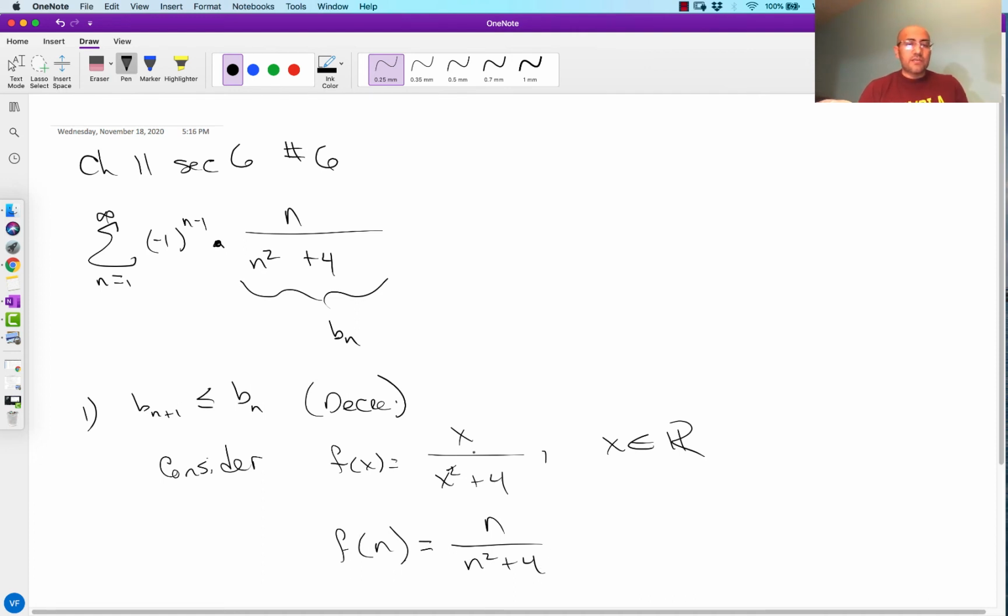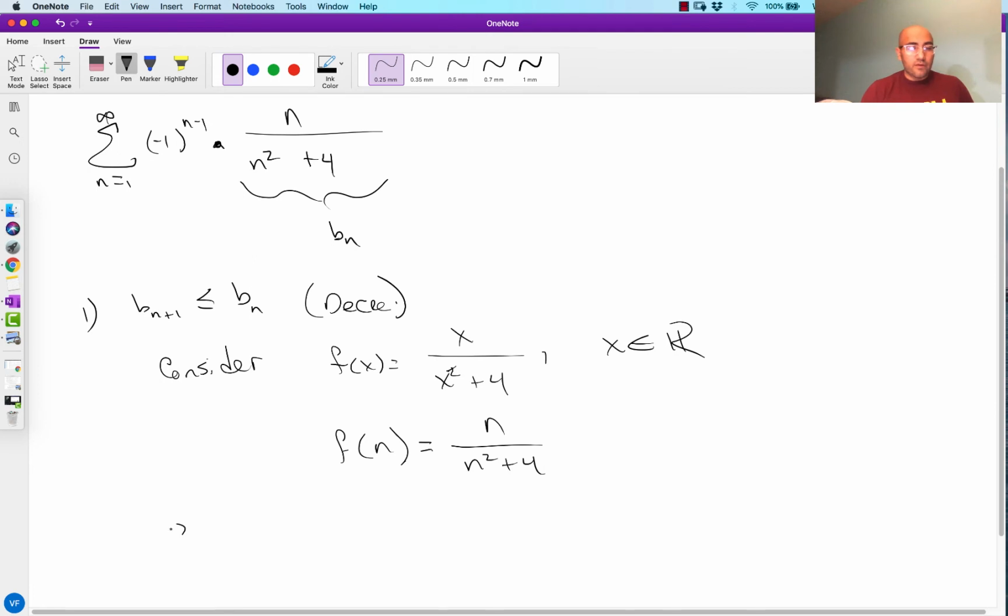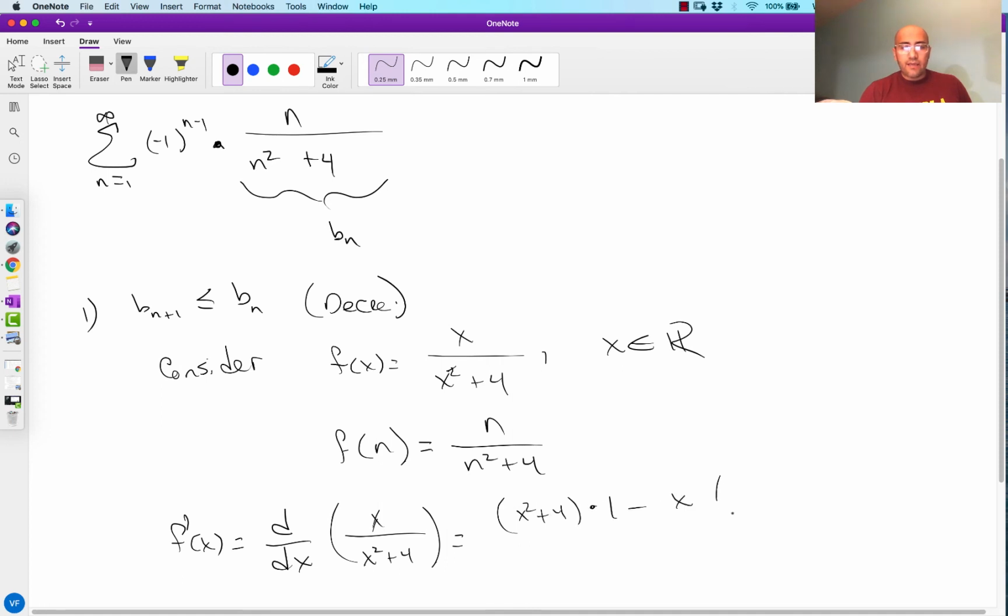To show that this one's decreasing, we're going to take a derivative. So f prime of x is equal to d dx of x over x squared plus 4, which, of course, is going to give me the quotient rule. So low d high minus high d low over the denominator squared we go. Good.